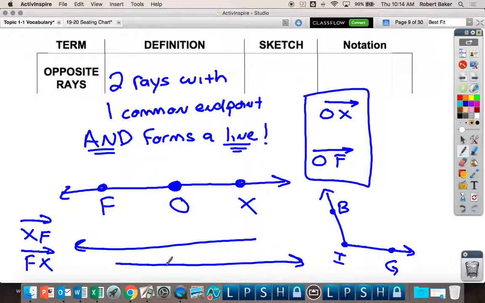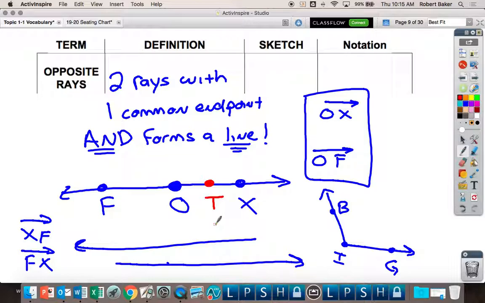Let me do one more. So when I add one letter in there, does it make more answers? Yeah. So now can you name me a pair of opposite rays in here?